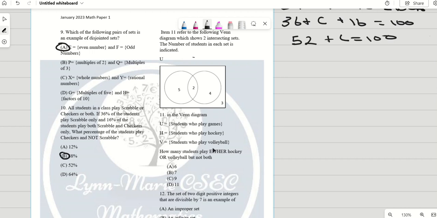How many students play either hockey or volleyball, but not both? Let's say this was volleyball and this was hockey. So it's asking how many students played hockey only and volleyball only. That's 5 plus 4, which is 9. So C is your answer.